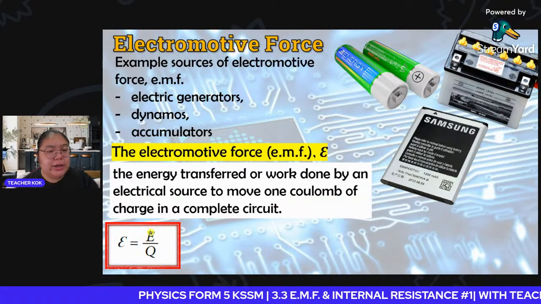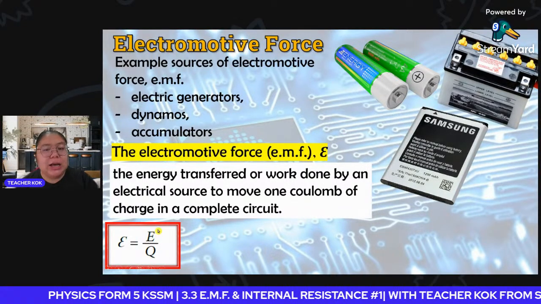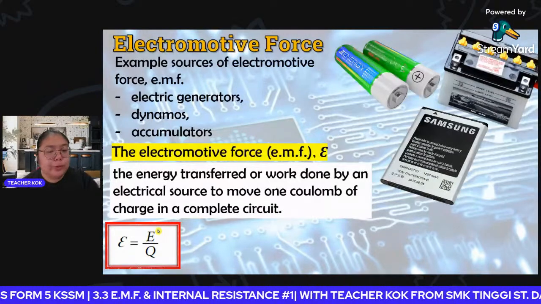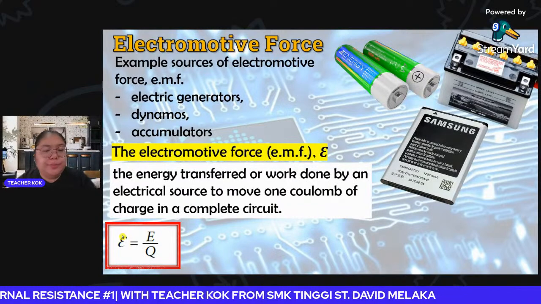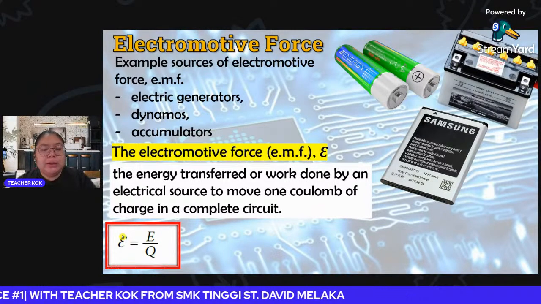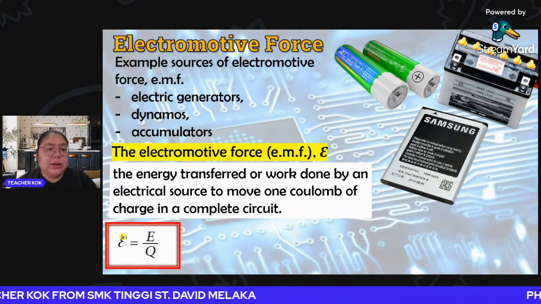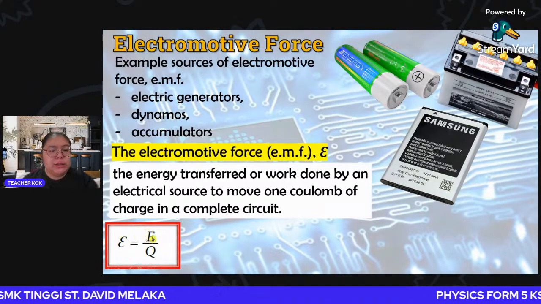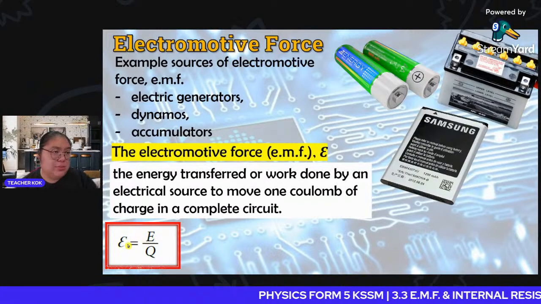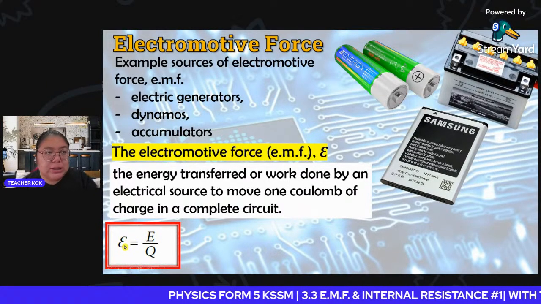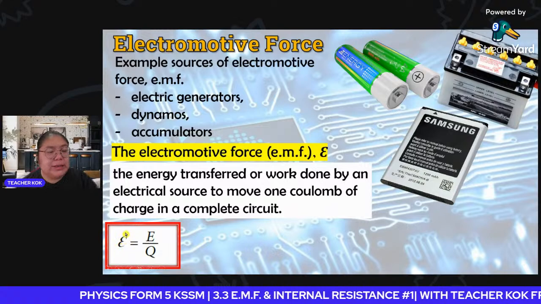So the energy here, we call it electrical energy, because the work done moves the charge. So from here, we're using the italic E. Okay, so from here, you're using the normal capital E. If not, you misunderstand why there are 2 E here. So this one should be the EMF.